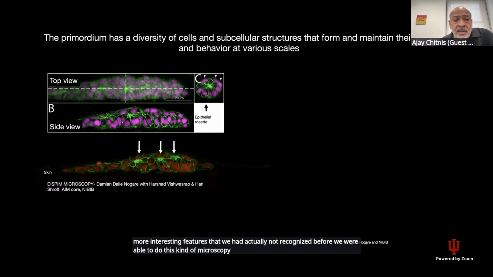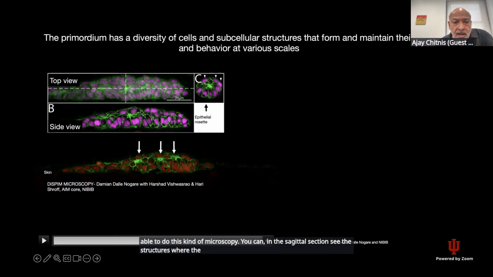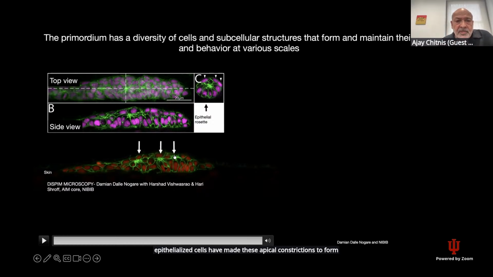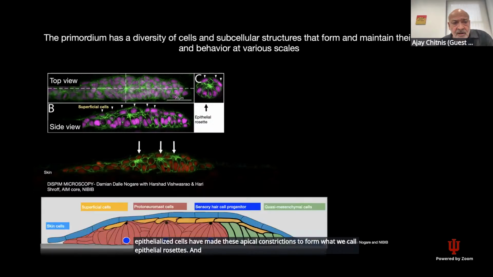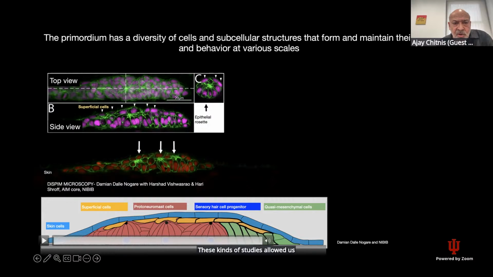You can, in the sagittal section, see the structures where these tall epithelialized cells have made these apical constrictions to form what we call epithelial rosettes. In addition, these kinds of studies allowed us to recognize a new class of cells that sits on top of the deeper cells that are forming these rosettes.